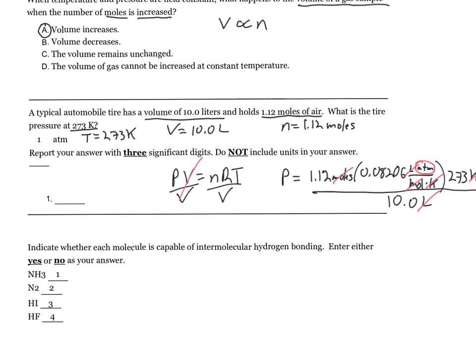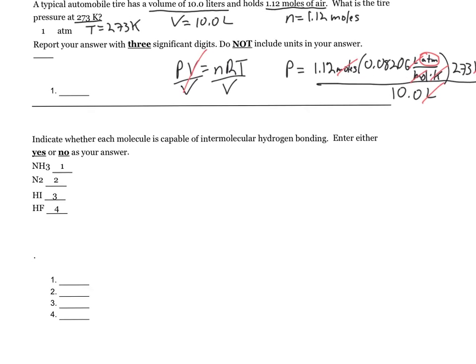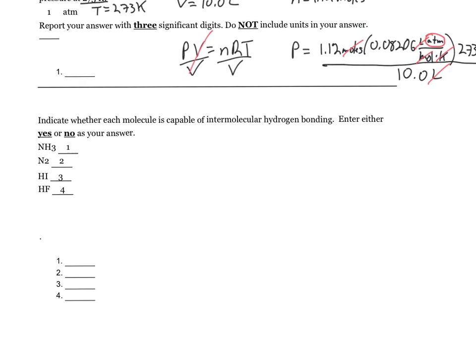The next question. Indicate whether each molecule is capable of intermolecular hydrogen bonding. Enter either yes or no as your answer. To hydrogen bond, you must have either an N-H, an O-H, or an F-H bond.